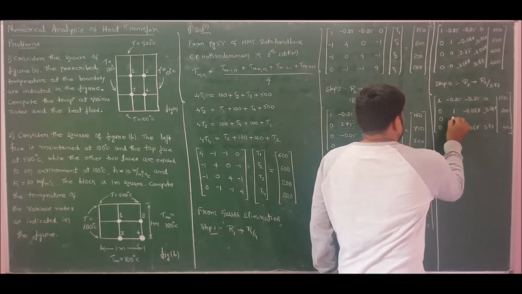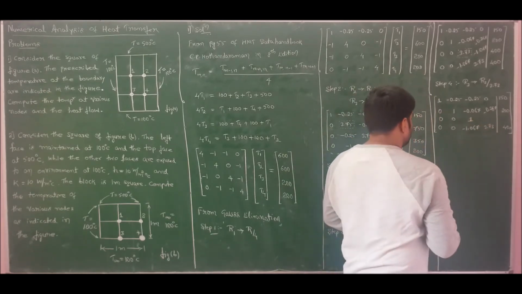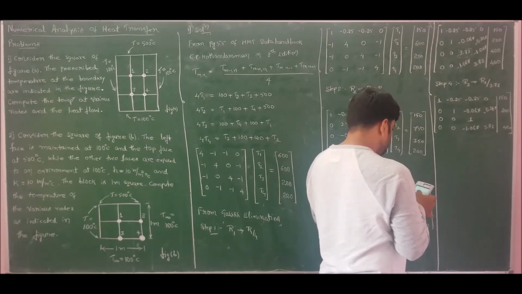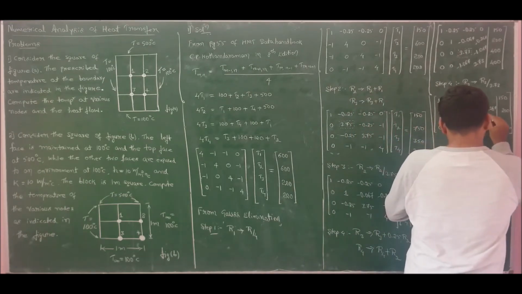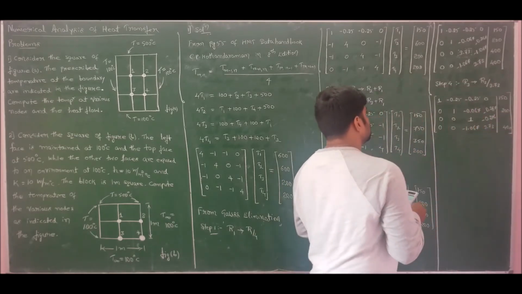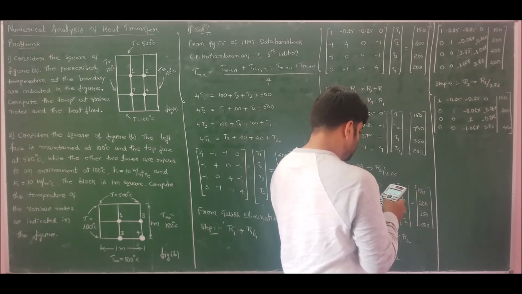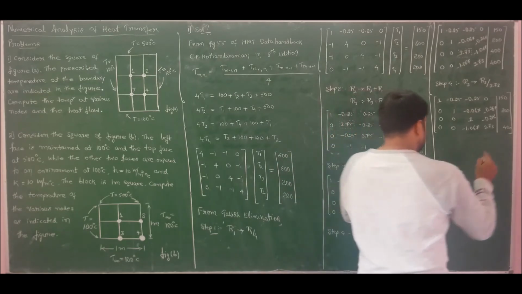So we have 0 and 0. 3.73 by 3.73 is 1. Minus 1.067 divided by 3.73 is minus 0.286. Next we have 400 by 3.73, that is 107.